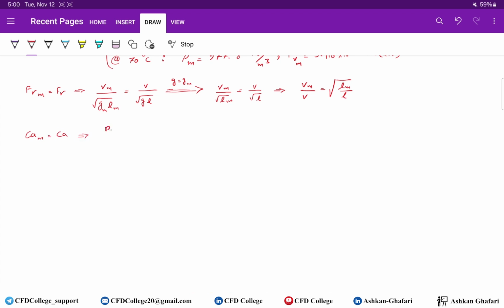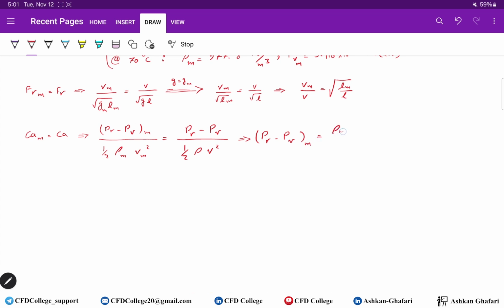So P minus Pv for the model divided by 1/2 rho m Vm squared should be equal to P minus Pv over 1/2 rho V squared. So P minus Pv for the model equals rho m over rho times Vm squared over V squared times P minus Pv.